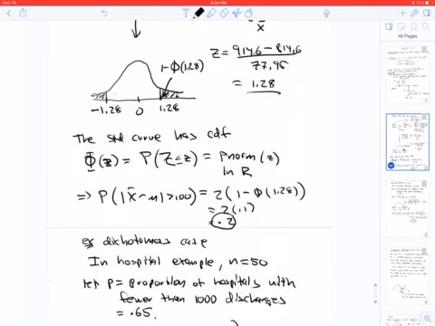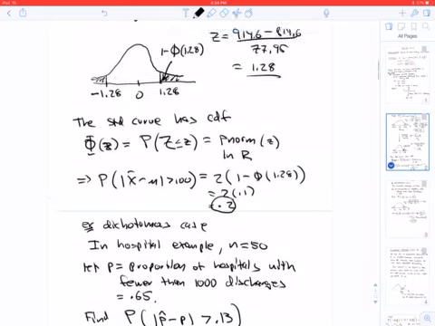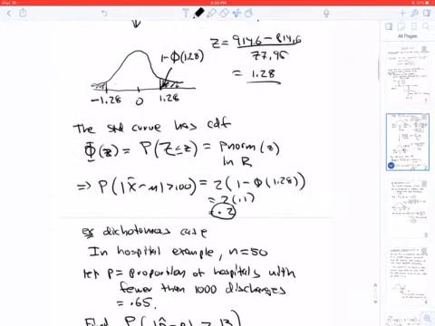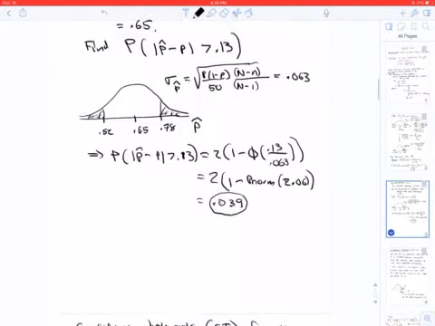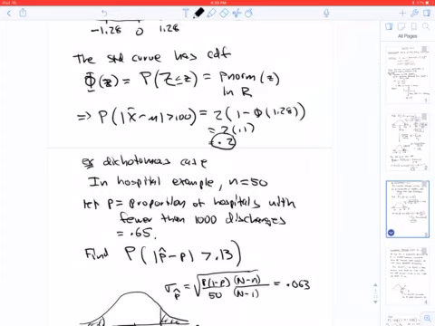Then I asked you to do something similar with the dichotomous case. This is the same hospital example, so capital N is 393 still. But now our tickets are going to be 0, 1, where we assign 1 if the number of patient discharges is greater than 1,000, 0 if less.